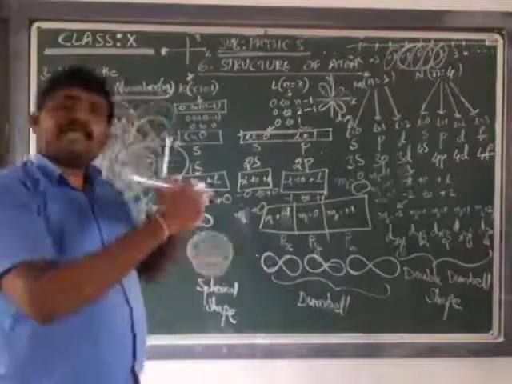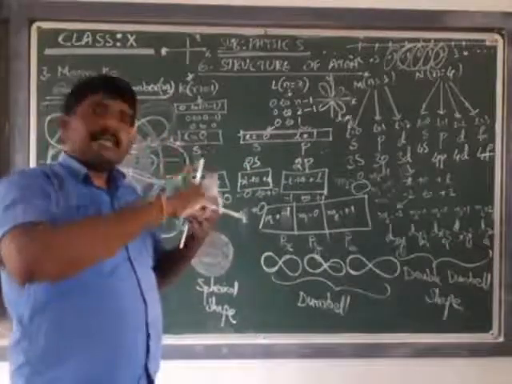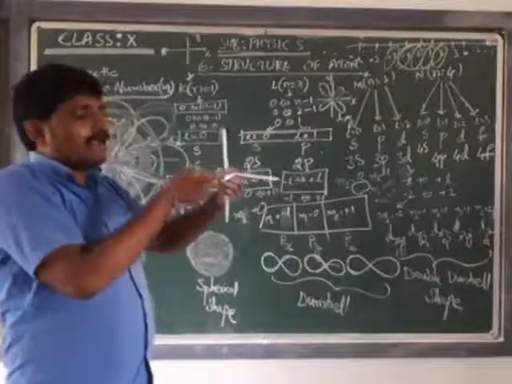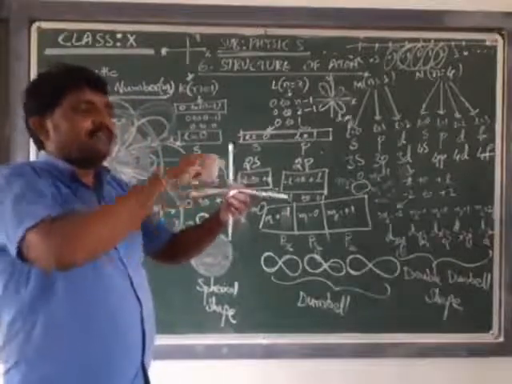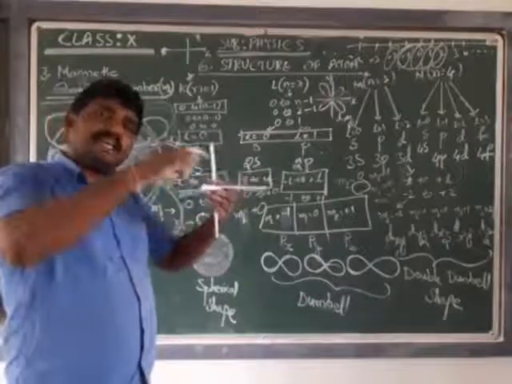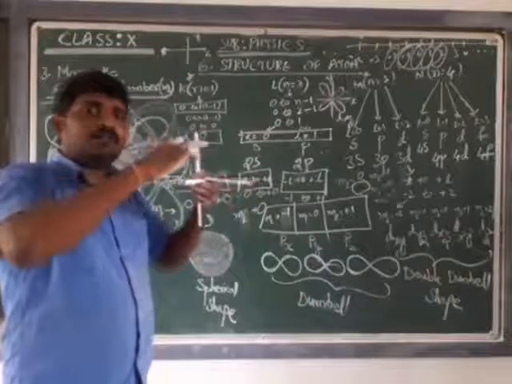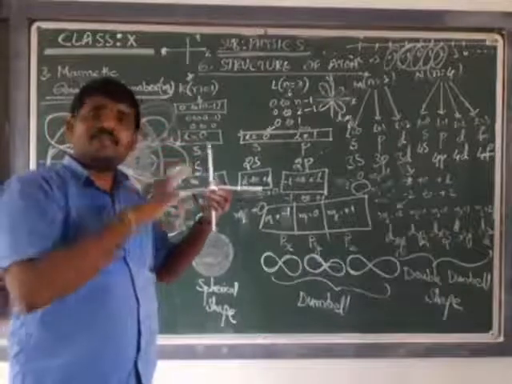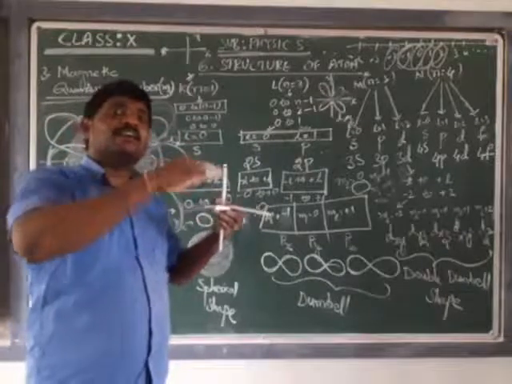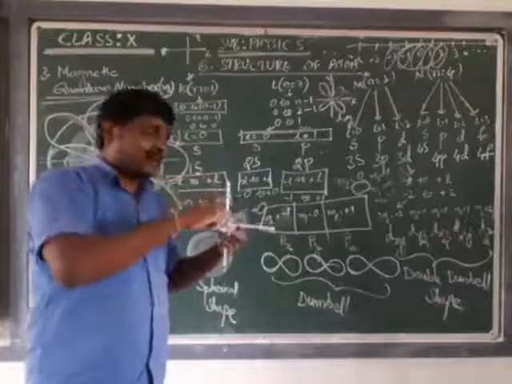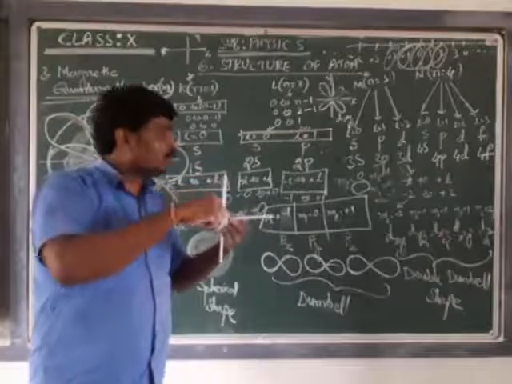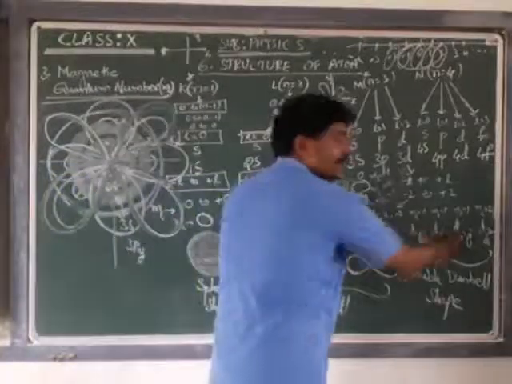It looks like px and py, but it's a combination now. px will be along the x-axis, py will be along the y-axis. If you consider the arrangement and orientation of px and py together, you get dx square minus y square.